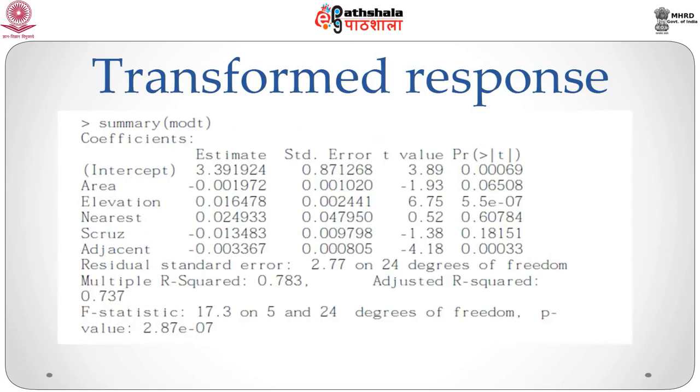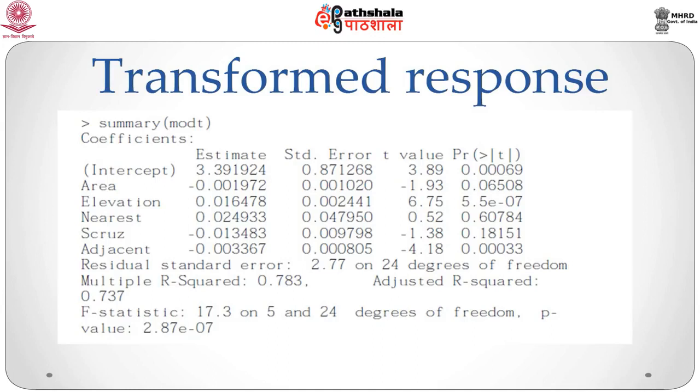Here is the summary of mod T. As you can see, the multiple R squared is 0.783, which is a reasonably good fit considering that we have observational data.